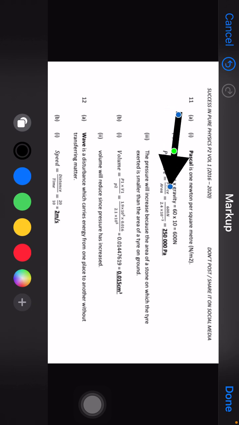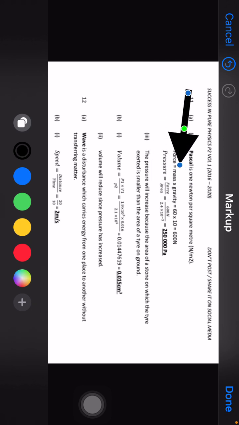Now you have to define this in words. So simply say this is 1 Newton per, the divide sign, straight line, per meter squared, because area is always measured in meter squared.